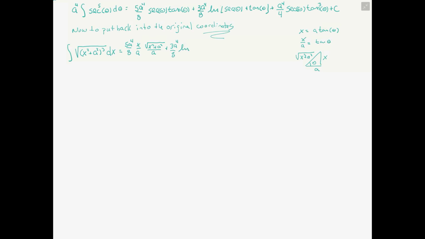I guess I didn't like the way I wrote the natural log. So we got the secant theta, x squared plus a squared under the square root over a plus x over a.